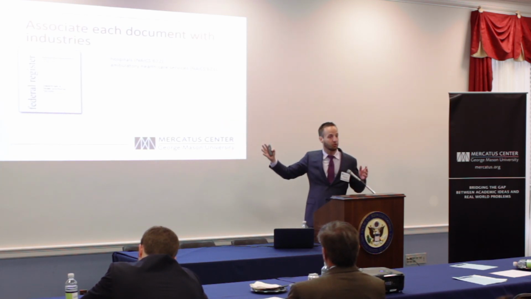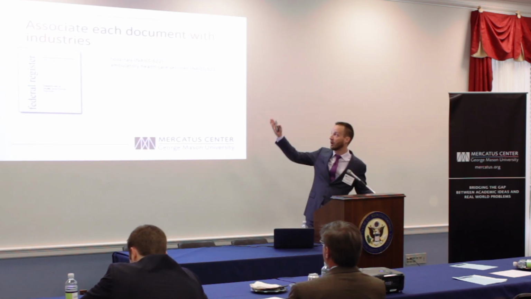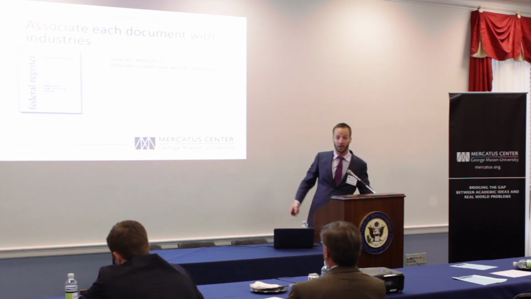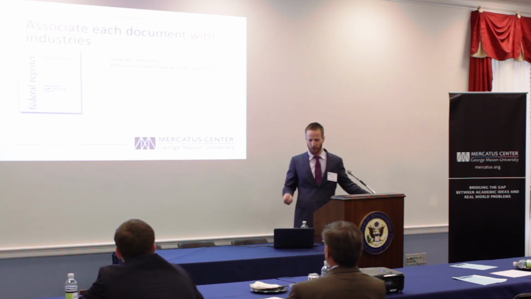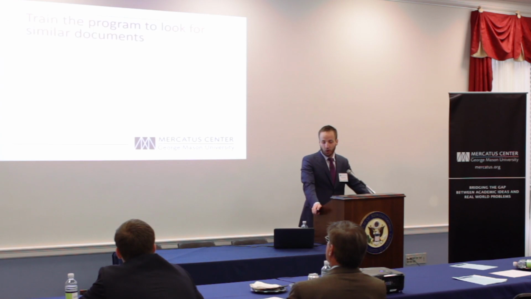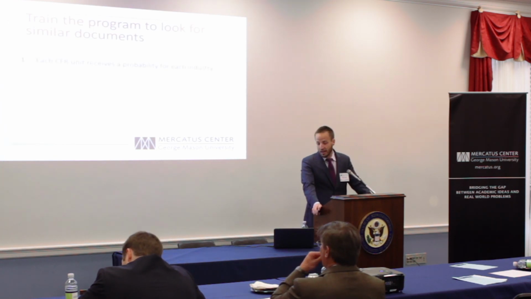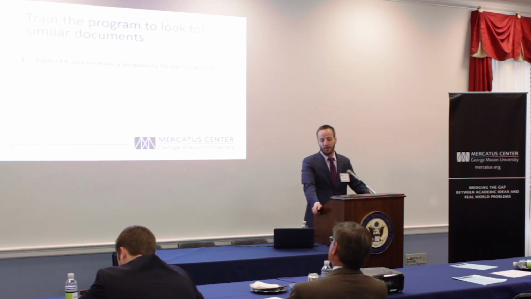We know they're about that, so we can use that to train our program to look for other documents that are also about hospitals or ambulatory healthcare services, walk-in clinics. All right, so that's the task. We want to train the program to look for these similar documents. Once we've done that, each CFR unit, as I said earlier, receives then CFR unit.